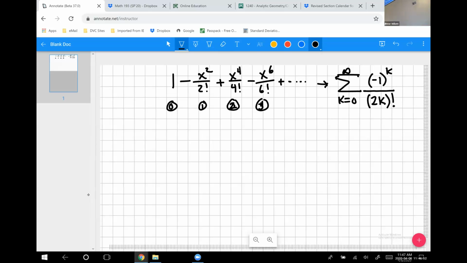And similarly, I'm raising x to the power that's twice the number of the position that we're in, 2k. So I'm writing a formula for this particular Taylor series, because then I can do things like apply tests. Like in this case, because we have a factorial, we're going to apply the ratio test to see where this converges or diverges.